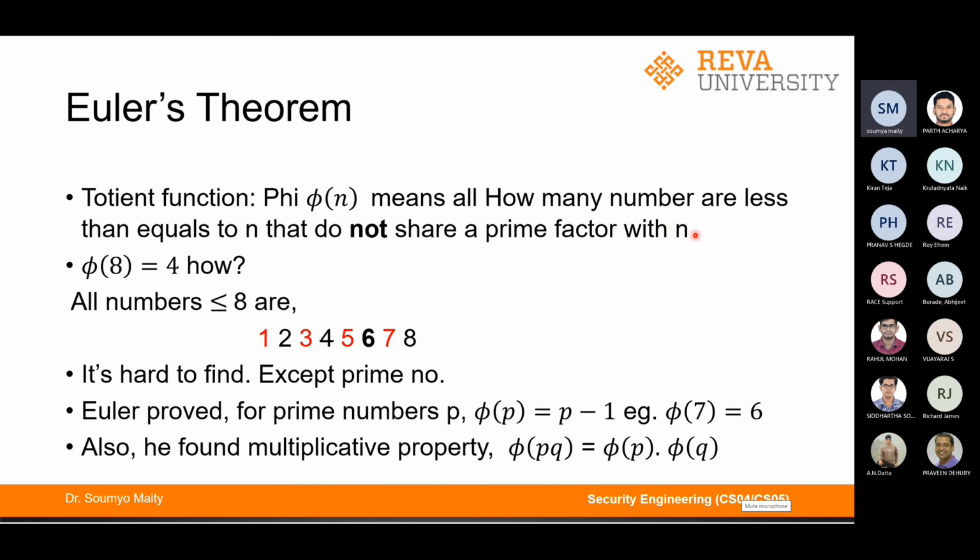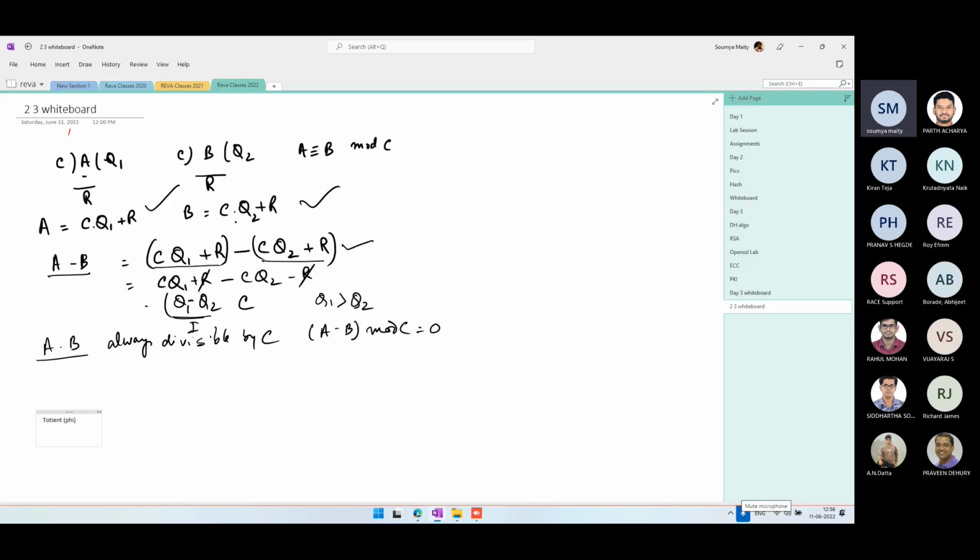What does that mean? Let us take an example, phi of 8. This is just another mathematical function. How can we find it? We have to write all the numbers between 1 and 8.